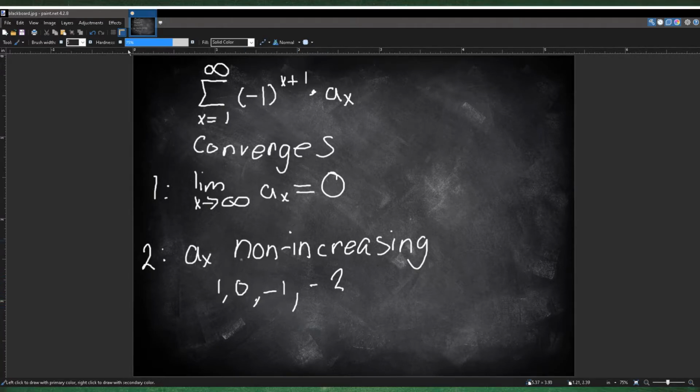Or if we have something like 1, 0, 0, -1, -1, -2, right? 0 and 0, it stays the same, so it's still non-increasing. It just has to be not increasing, basically. So it could be either decreasing or the numbers stay the same as the sequence goes on. So it just has to satisfy these two conditions.